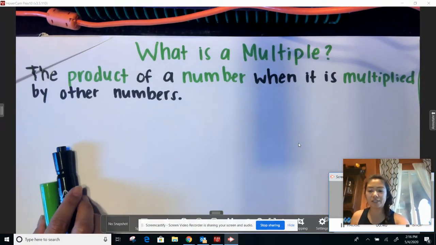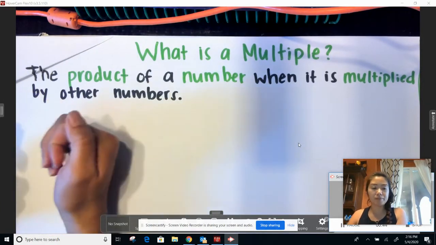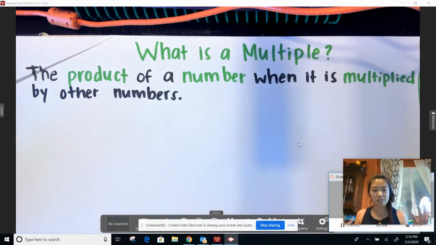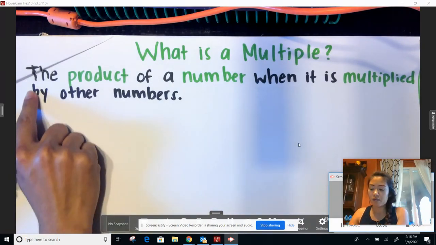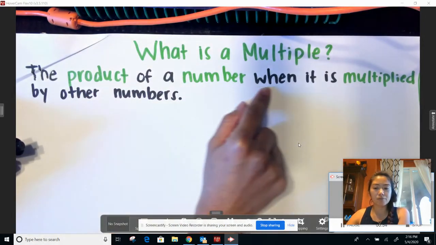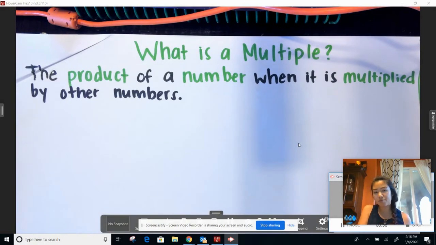So we're going to go ahead and start with, what is a multiple? You probably know what this is. You just didn't put the two and two together with the name of it. A multiple is the product of a number when it is multiplied by other numbers. We have gone over these in class, and you do them all the time when you do your multiplication. It's just a matter of putting the name next to it.